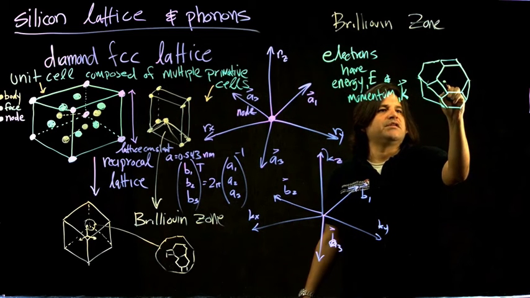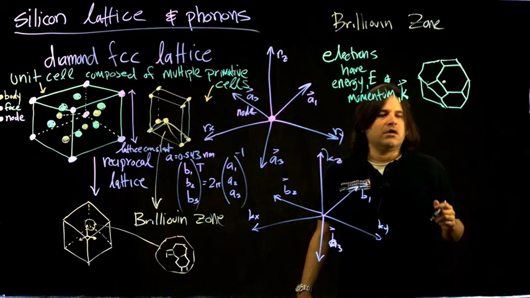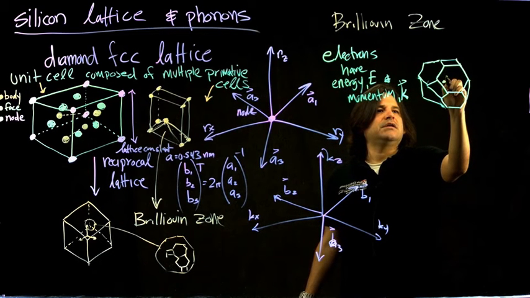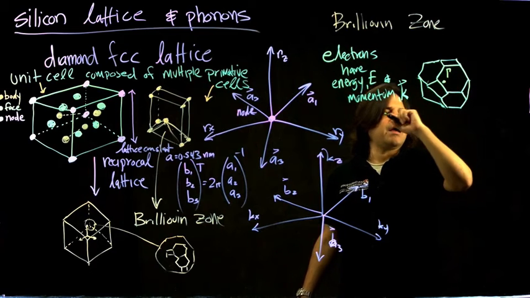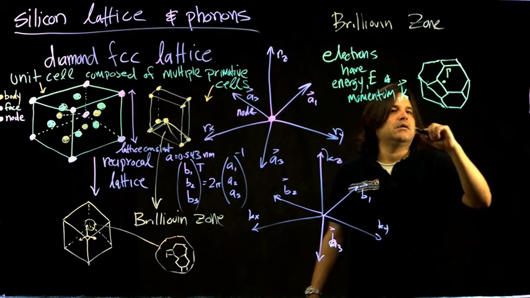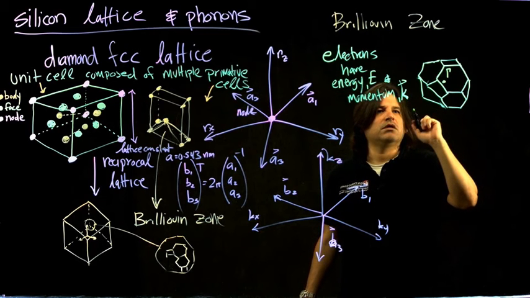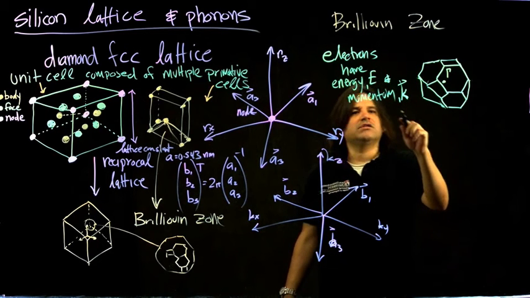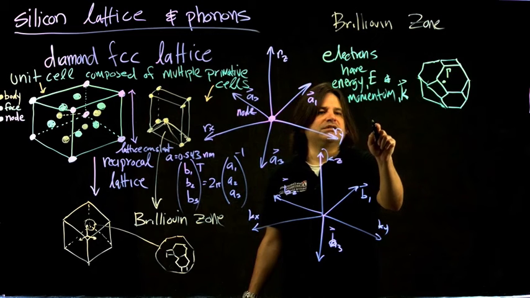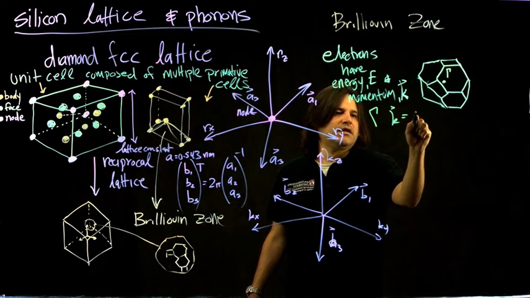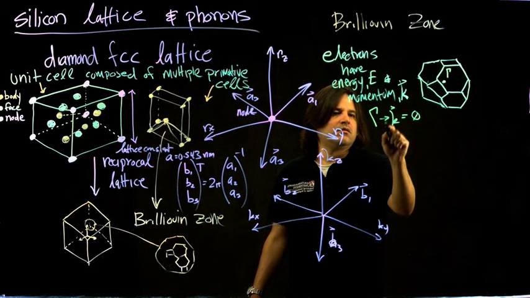So for this specific silicon lattice, in the center here, you can say that this is the gamma. I'll just define some locations. Let's say gamma is where this vector k equals 0.